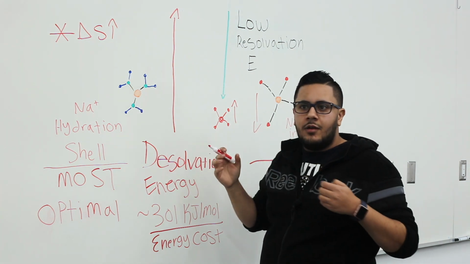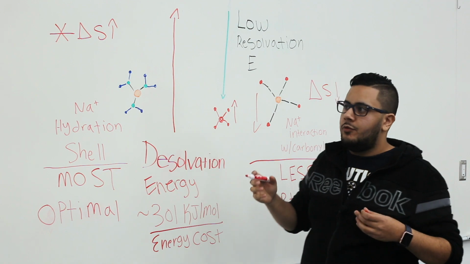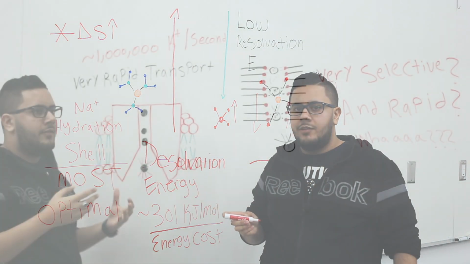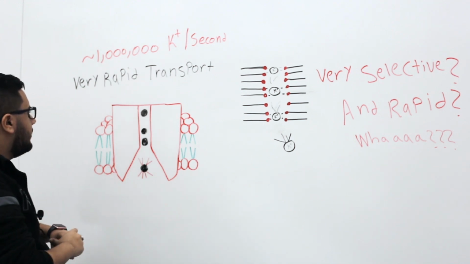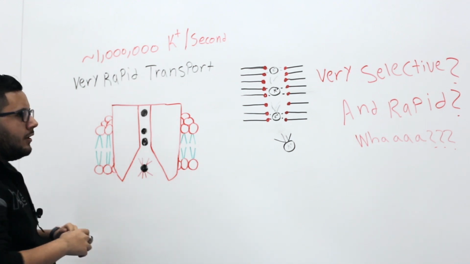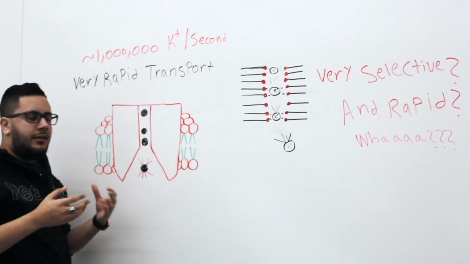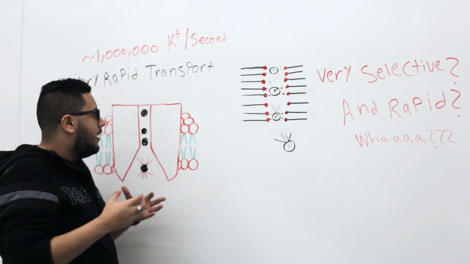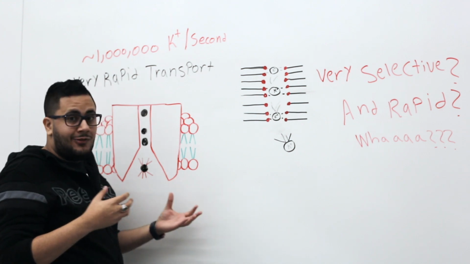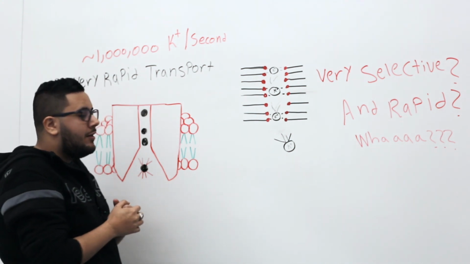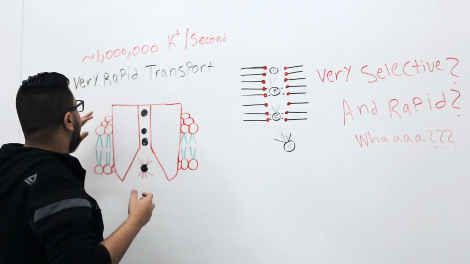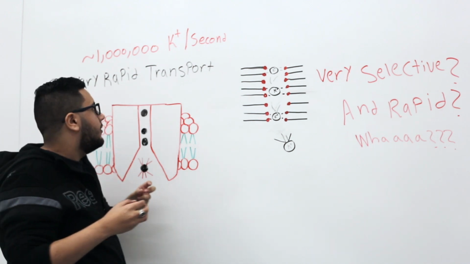Because of this, only potassium is able to pass through the channel. Sodium is not able to pass through the potassium ion channel. The function of the potassium ion channel, it's a pretty complex thing. This channel is extremely selective, and we just discussed how selective it is. But another thing we should know is that the potassium ion channel is a very rapid transporter.